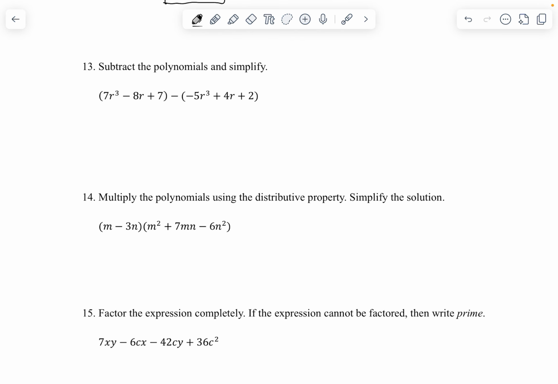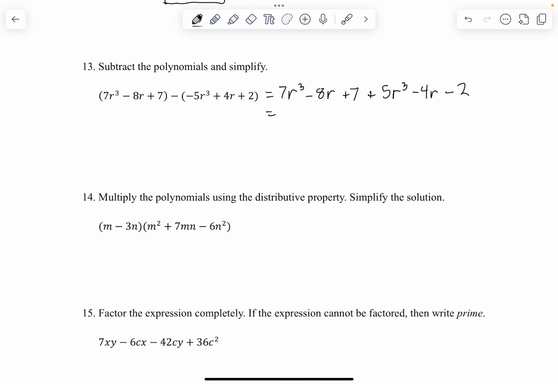Subtract the polynomials and simplify. Subtracting polynomials is the same as adding the opposite. So the first polynomial is 7r cubed minus 8r plus 7. The opposite of the second polynomial would be the one where the sign in front of each term is changed, right? So this becomes plus 5r cubed minus 4r minus 2.